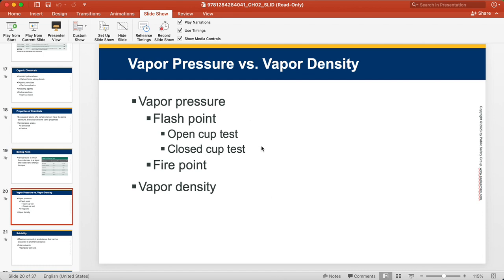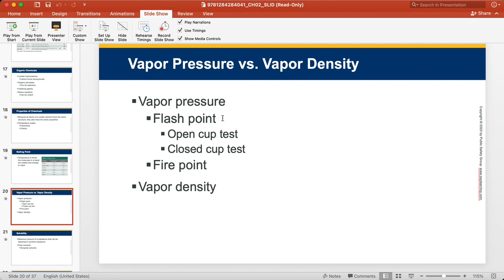The flash point is simply described as the temperature of the material at which it makes enough vapor to flash into a fire and then automatically go back out without staying burning. The fire point is when the material reaches a temperature where it's giving off enough vapor that it will light on fire and stay on fire.